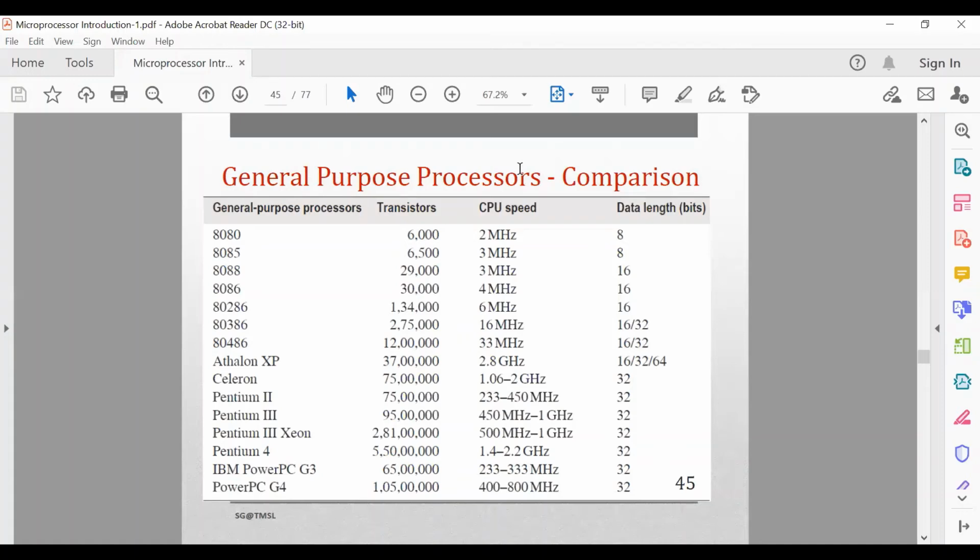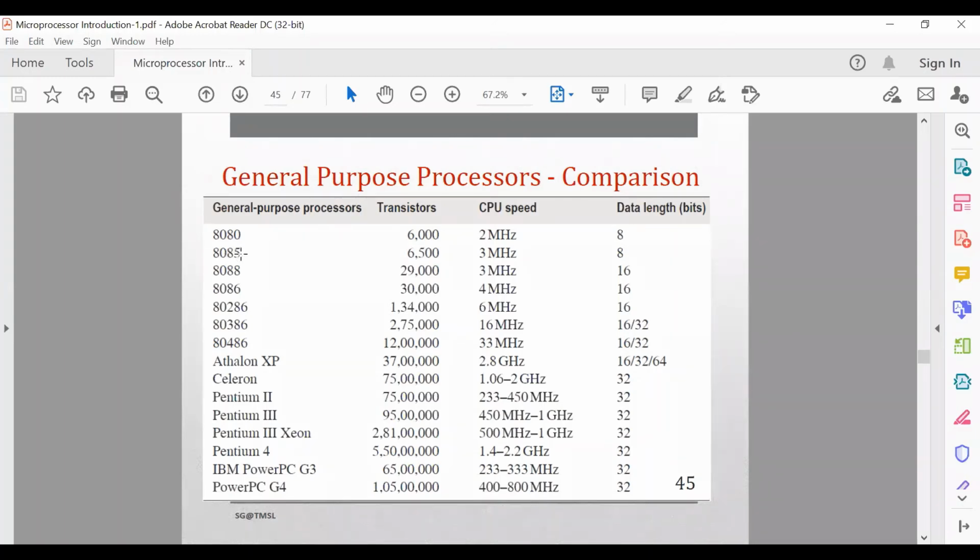With the advancement of technology, after inventing the 8085, only 5-volt is required to operate it. That's why it is called the 5-volt dedicated power supply with respect to ground.